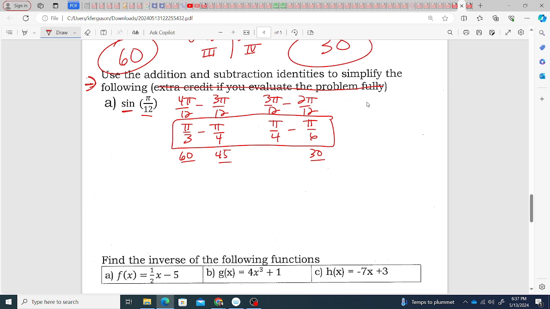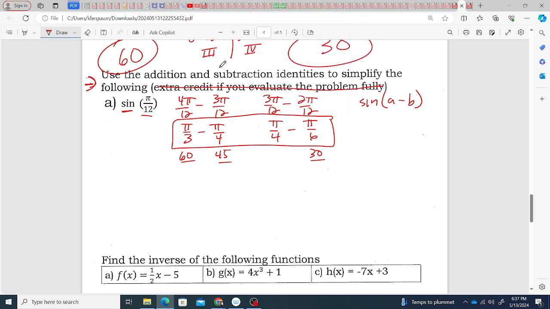So this is going to be sine of alpha minus beta. Where did I write my identities? Okay, I got sine of plus. I don't have sine of minus.